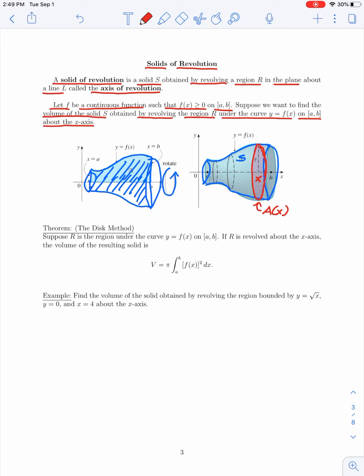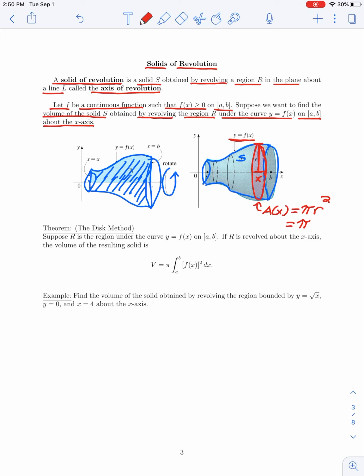So let's think about how to find that area. So here the area of a circular disc would be given by pi times the radius of that disc squared. So here we would have pi times, now the radius of a disc is given by the value y that we move from the x-axis up to the outer edge of our solid, and this value of y is determined by the function f of x.